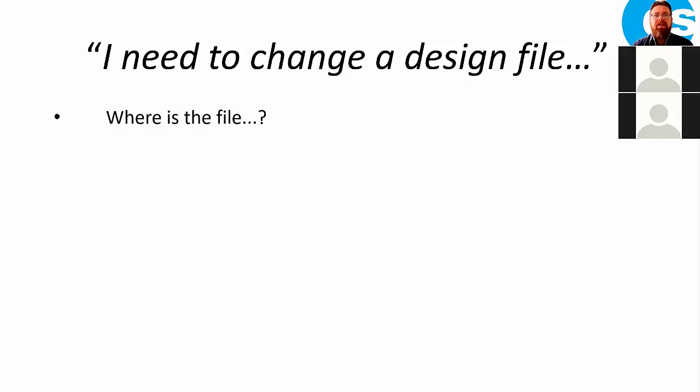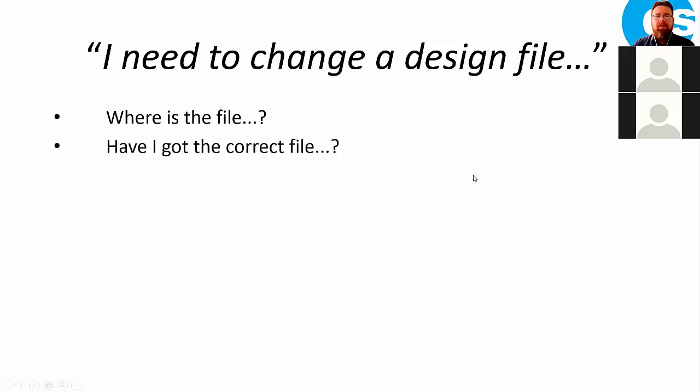We also maybe have a carefully managed folder structure to be able to locate certain files. So where is the design file? We're going to show you in Vault how we can use the power of Vault to find a particular file without having to worry too much about the file name or whereabouts it is.